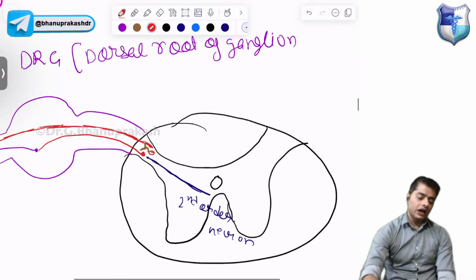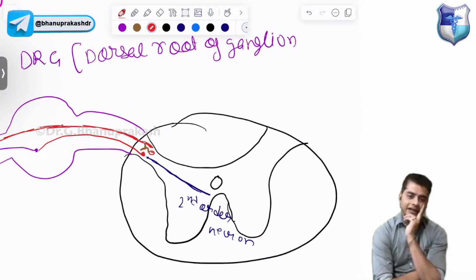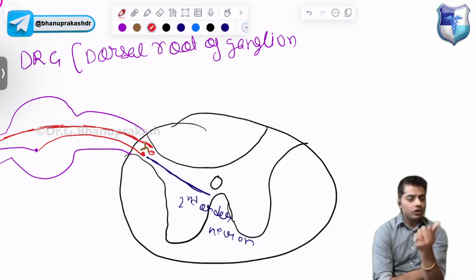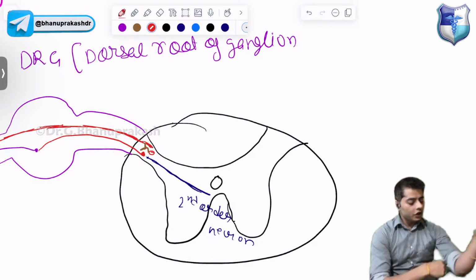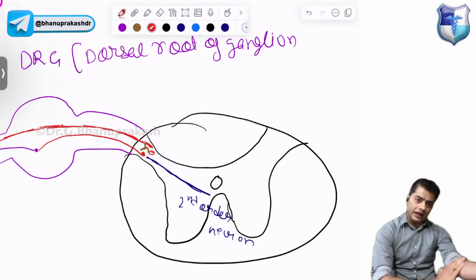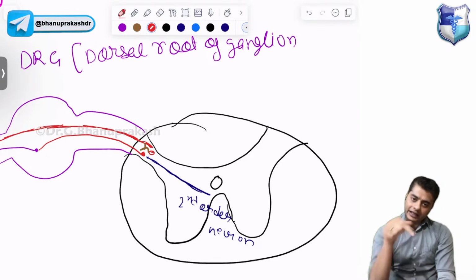So the synapse between first order and second order is the gate, and the A beta fiber has an interneuron connection with it and always tries to inhibit it. When the A beta fiber is stimulated by touch or any kind of massage, it inhibits this gate.